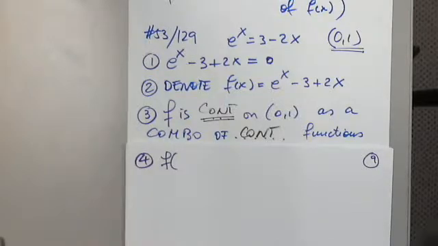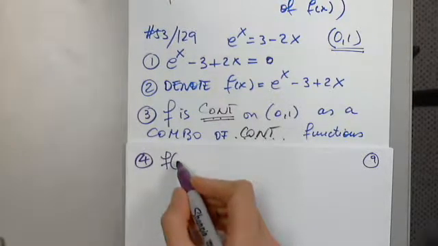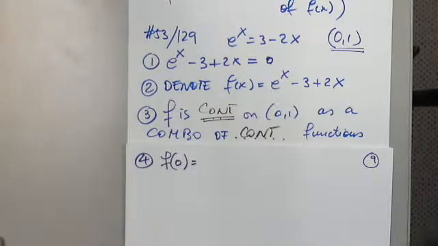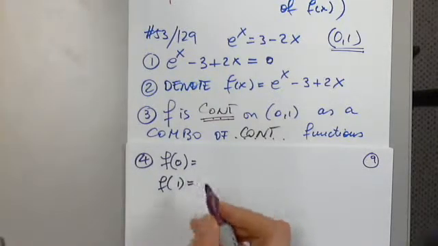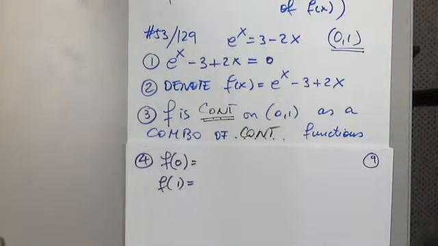Changes sign. If I don't show you that it changes sign, then it cannot cross the x-axis. So I have to show you that f of 0 is, let's say, positive, and that f of 1 is negative, or the other way around.